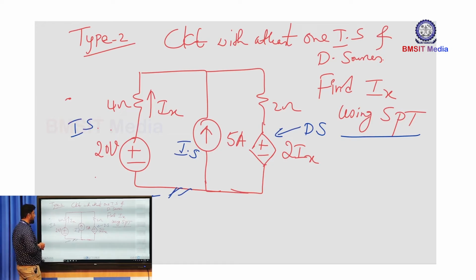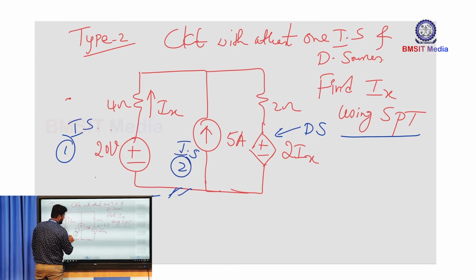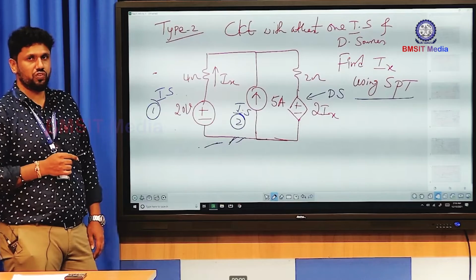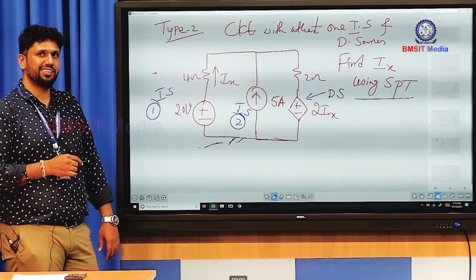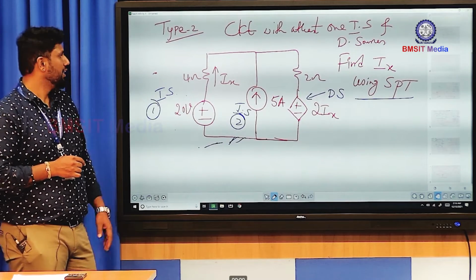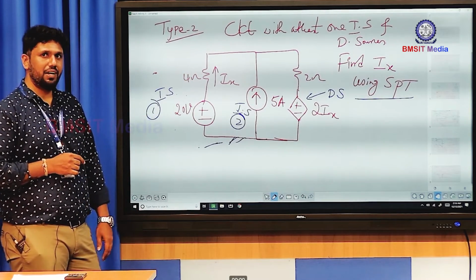So now you identify here, we have 2 active sources. One is the 20 volt source and the second one is the 5 ampere current source, and go with the usual normal procedure, by considering one source acting at a time, to find out the value of Ix.